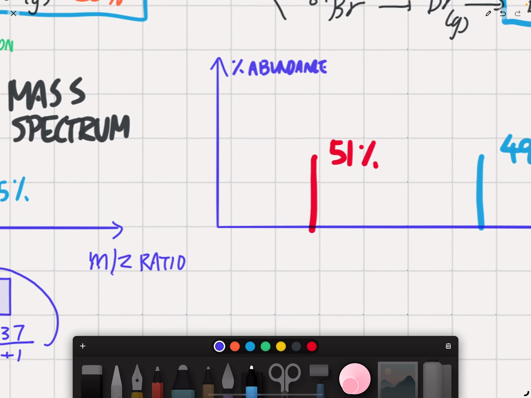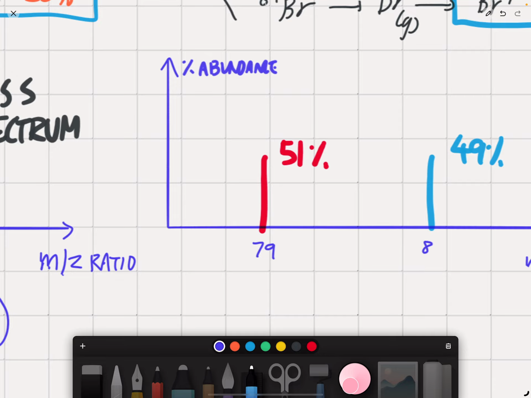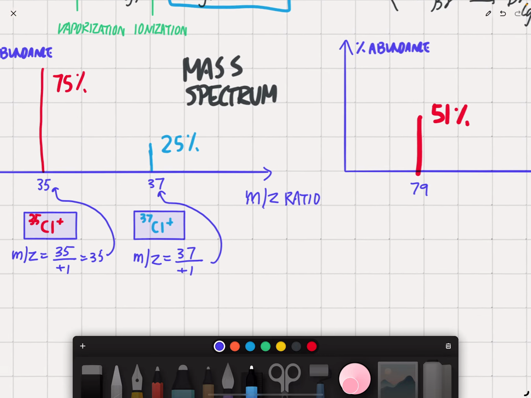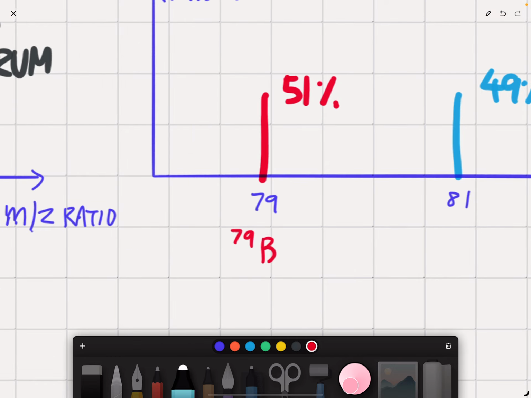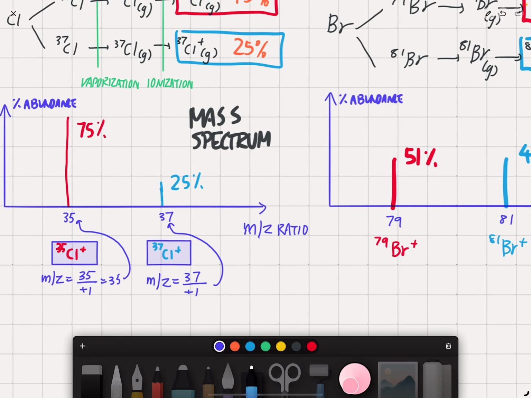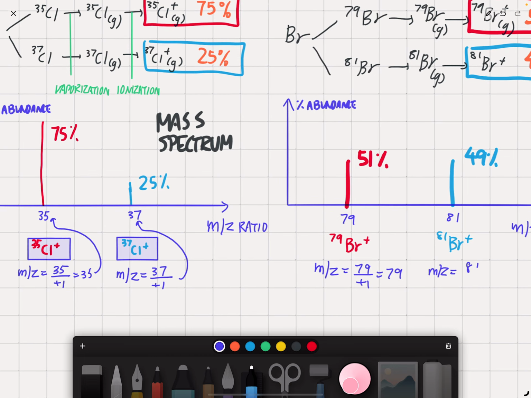Their mass to charge ratios are respectively 79 and 81, because the first line in red corresponds to 79Br+, and the second line, the blue line, corresponds to 81Br+. So the mass to charge ratio will be 79 divided by +1 and 81 divided by +1 respectively. So you get these numbers, and you have 81.